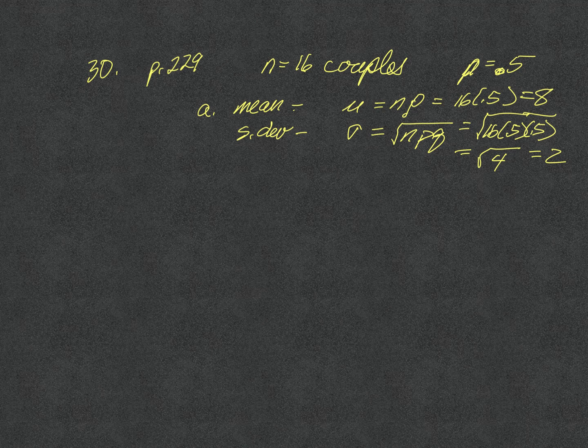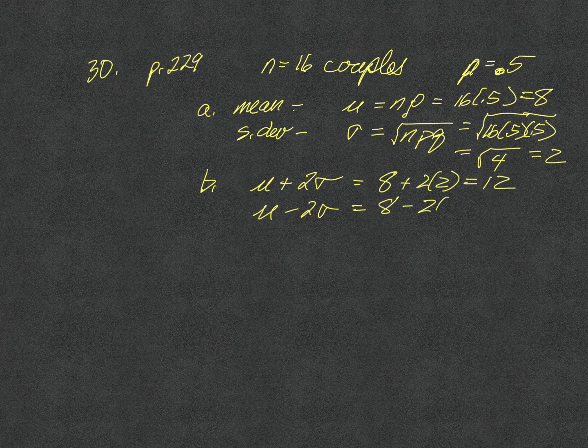All right? So we can find the mean and standard deviation. And then in part B they want us to use the range rule of thumb to find the values where significantly low and significantly high happen. So we need the mean plus 2 standard deviations. This is significantly high, so 8 plus 2 times 2 would be 12. And the mean minus 2 standard deviations is 8 minus 2 times 2, which is 4.